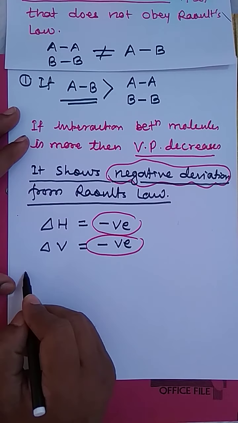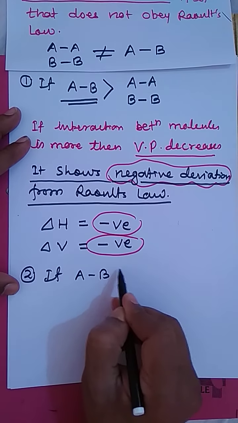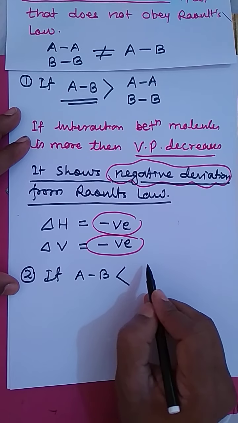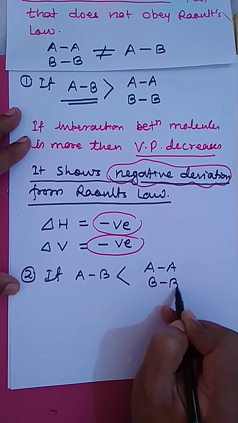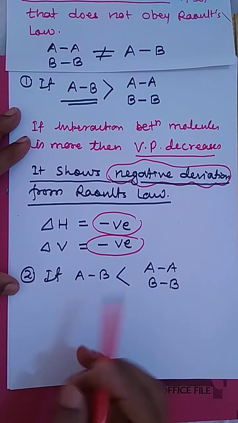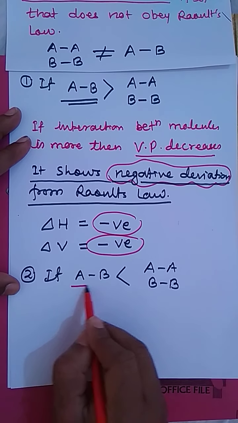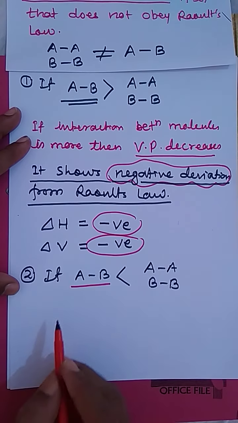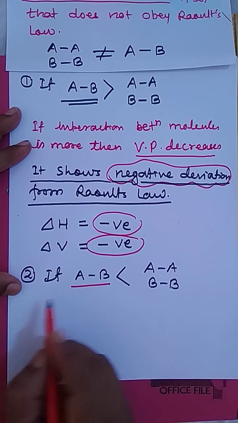Similarly, if AB interaction is less than AA and BB interaction, in that case, the bond between A and B becomes weak. Then what happens? Vapor pressure increases.